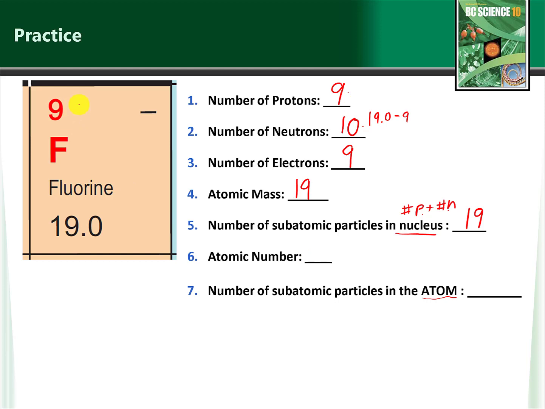The atomic number is the number that's up in the top, 9, because that's the same number as the electrons and protons. And the number of subatomic particles in the whole atom, so that's the protons plus neutrons plus electrons. And that will be these two numbers added together, which will be 28.